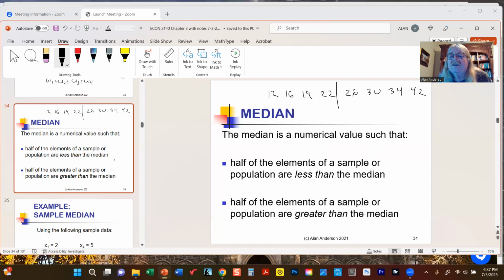And by the way, if you notice, what I had to do here is the ages are actually sorted from low to high. So when you calculate a median, first thing you'll have to do is sort it out. And then you can figure out how to find that dividing line between the lower half, where half the elements are below the median, and the upper half, where half are above. So whatever this number is, it cuts the data in half.